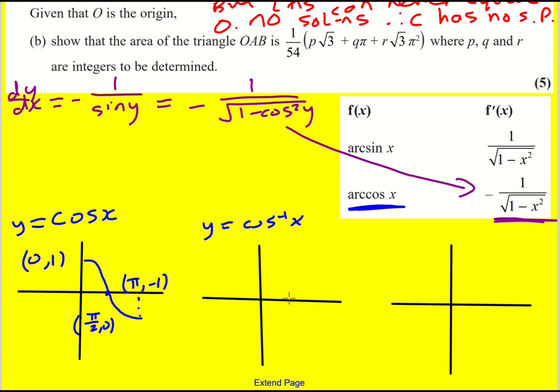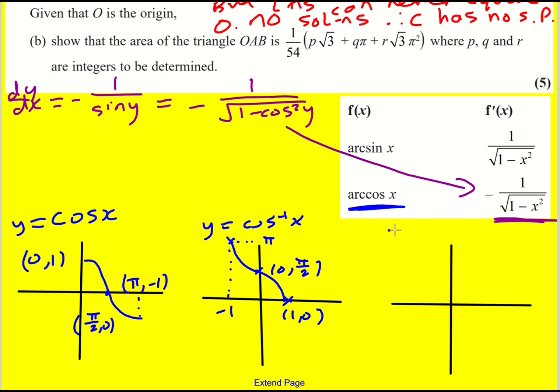I'm going to get 1, 0 here. I'm going to get minus 1, pi here. And I'm going to get 0, pi over 2. It ends up looking like that.